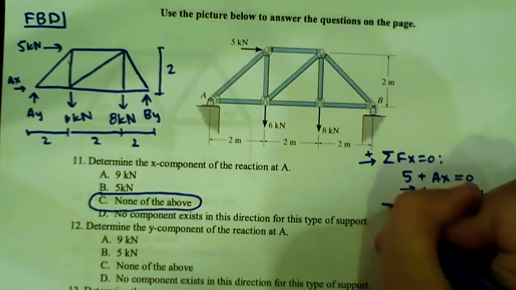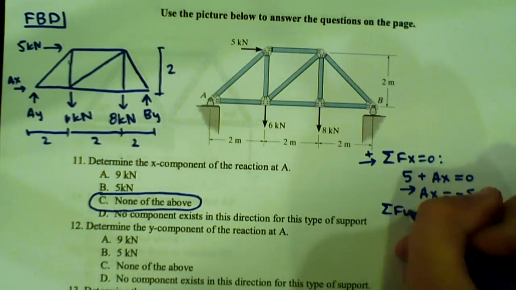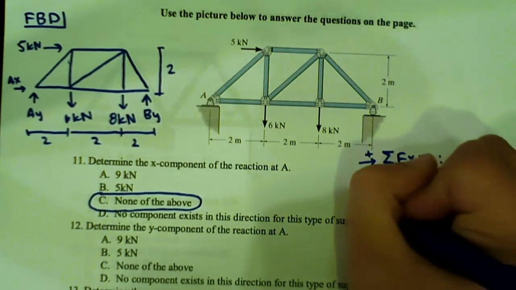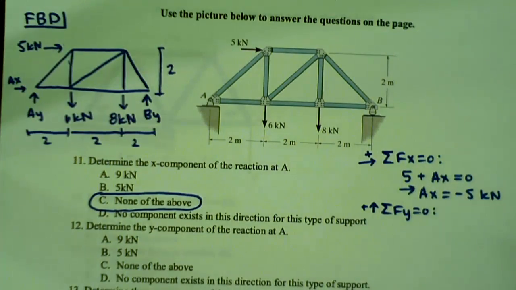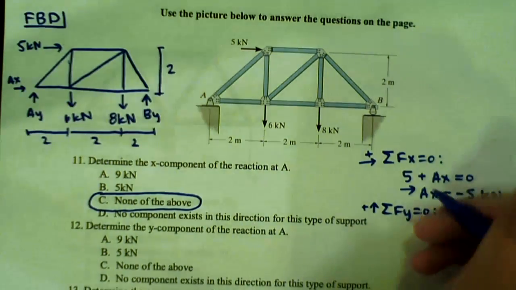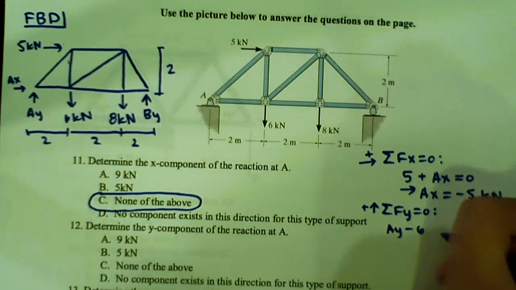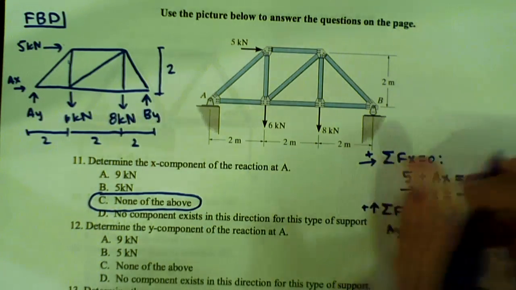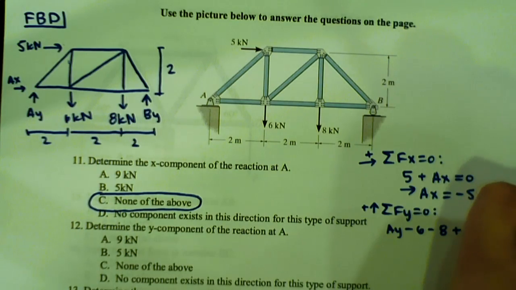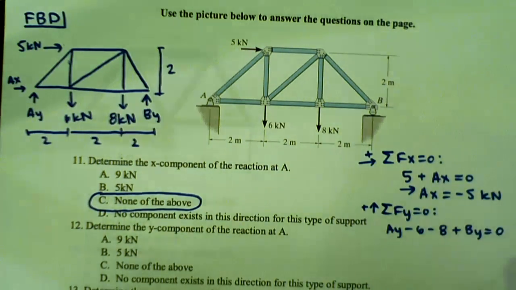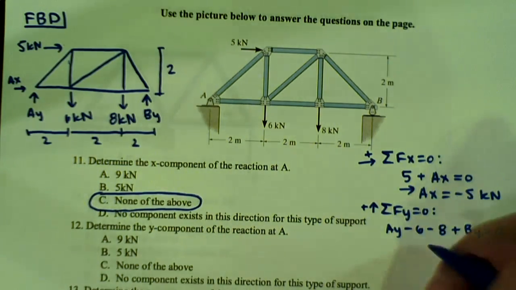Now we can do the sum of forces in y, assuming the positive is going upwards. We have our AY going up, a -6, a -8, and then a positive BY. We have two unknowns, so we can't solve it yet, so we can take a moment about A.